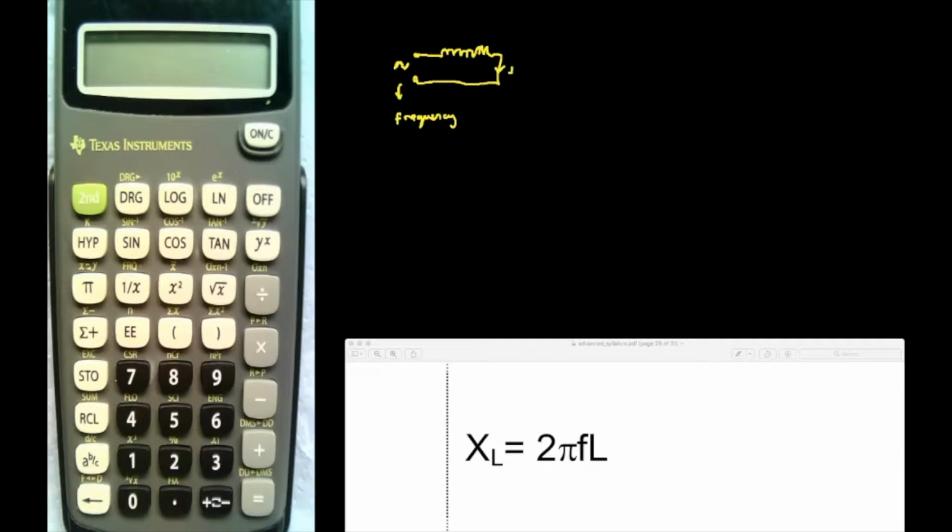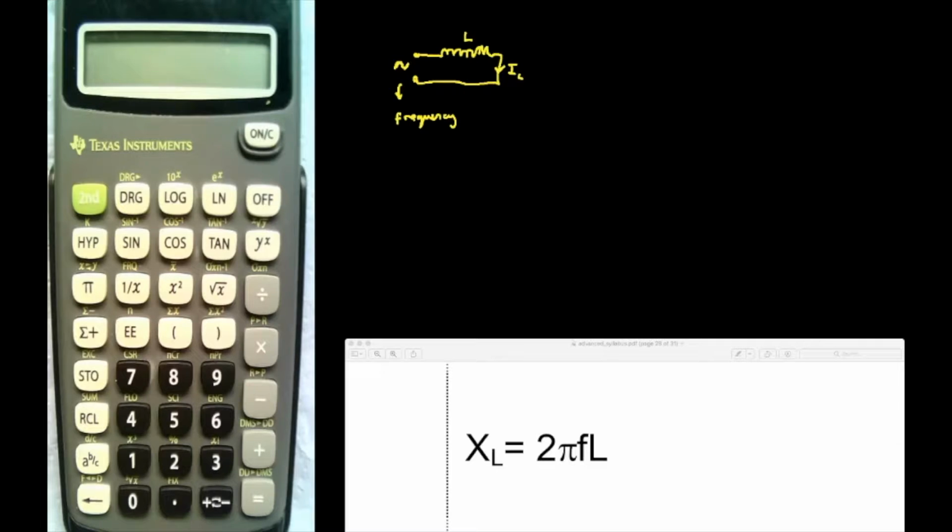I'm going to call this IL, and the inductor will have a certain value in henries, L. Now remember that with an inductor, the higher the frequency, the greater the opposition to current flow, the greater the inductive reactance will be.